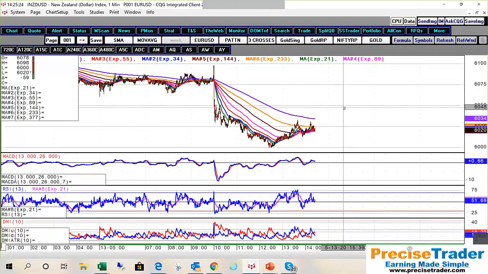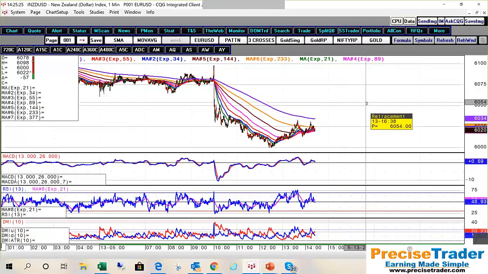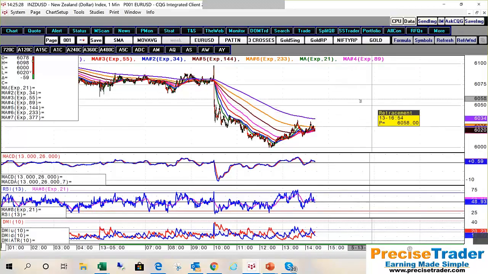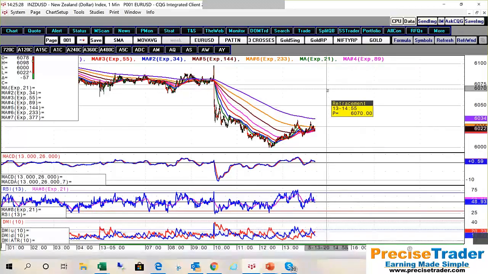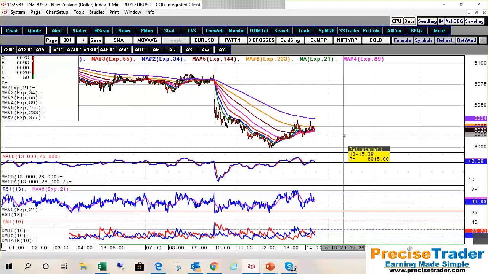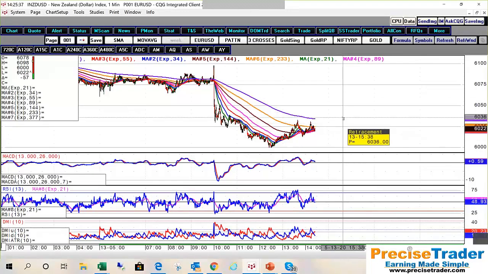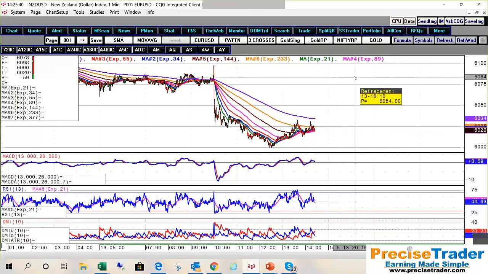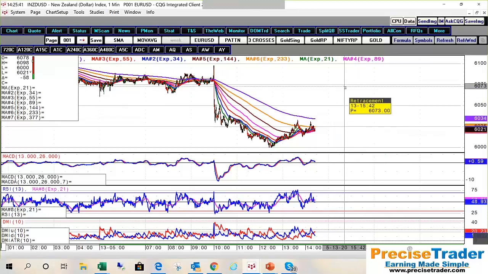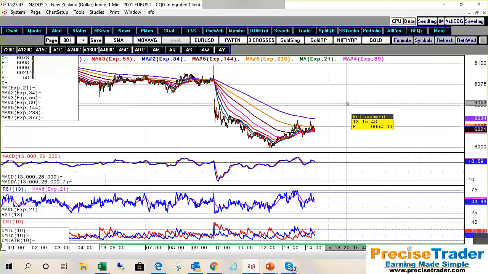You always try to get a better price than what the market is trading. So the limit should be lower than the current market if you are a buyer. If you are a seller, it has to be a selling price higher than the market price.